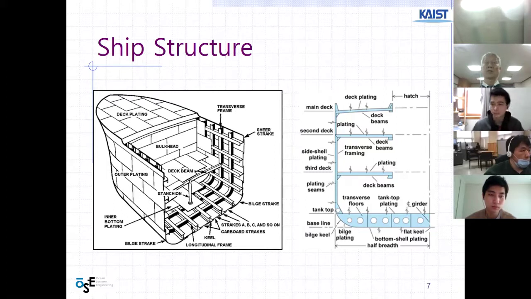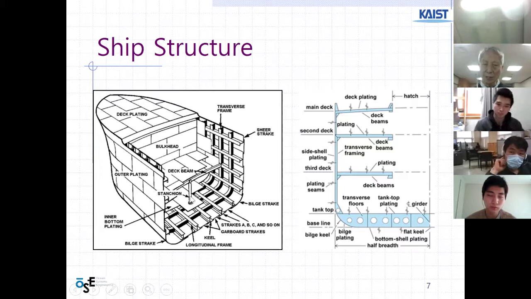So they need more frames, we say frame. So here you see deck plating, frame, and bulkhead, which is a wall between the rooms and decks. There are many floors. We say floor is the same as deck.